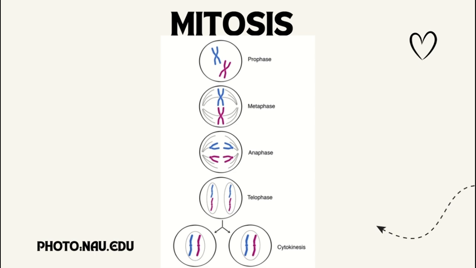And interphase comes before both mitosis and meiosis, because it's like a resting stage. The cell is just in there growing, getting ready to divide. So in interphase, we're going to have DNA replication taking place, and the cell growing and then growing some more. That's really interphase, right?